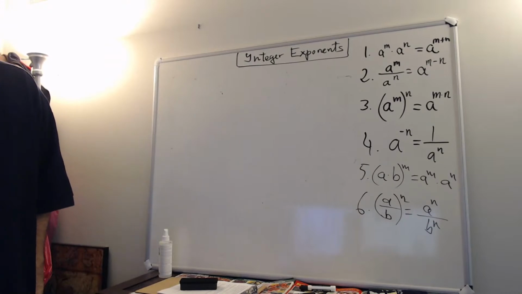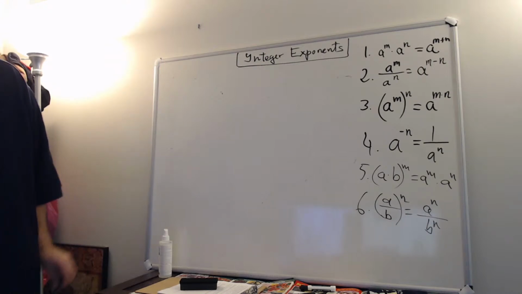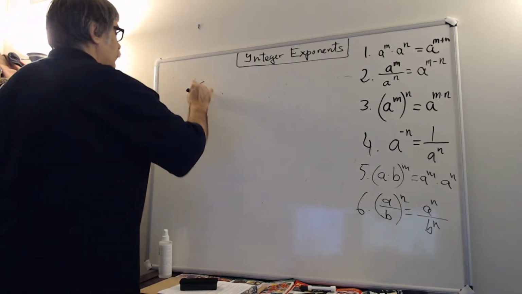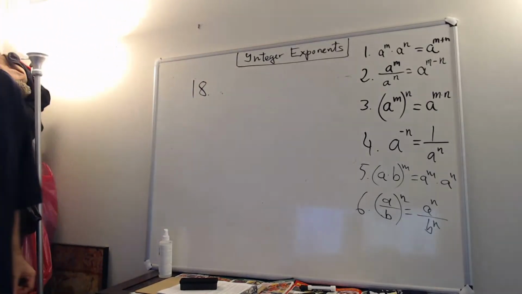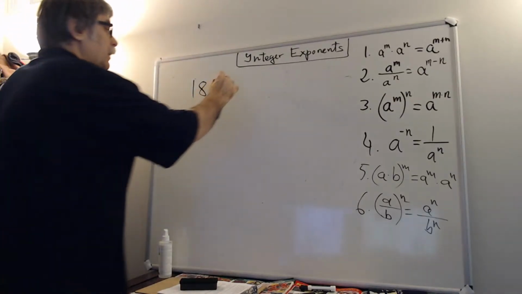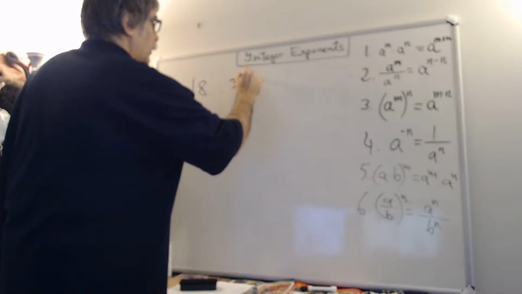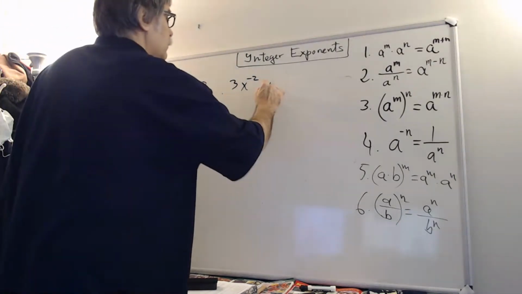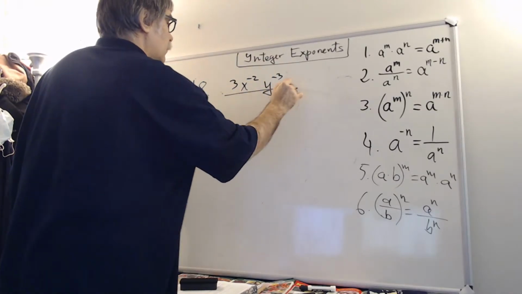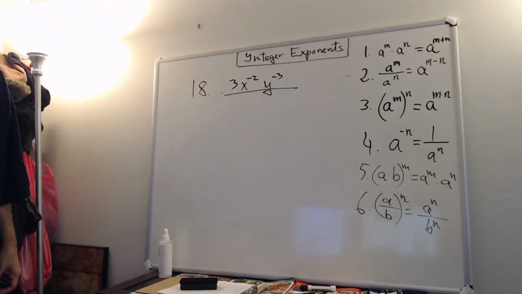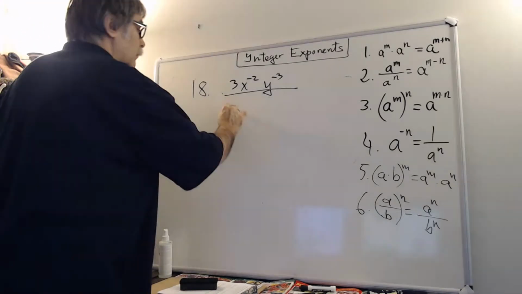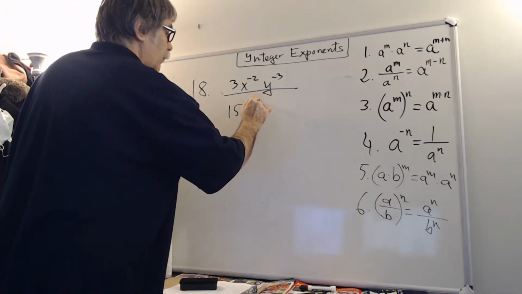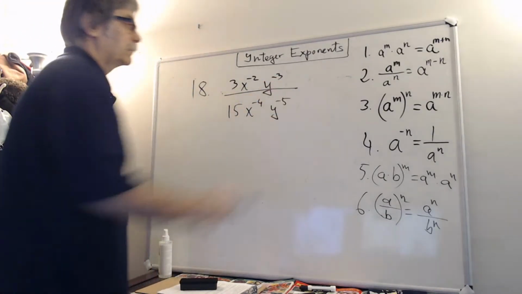Okay, let me give you another example. This is an example I'm picking up again from the lecture, example number 18. In this example, I have 3x to the power of -2, y to the power of -3, and then we have 15 x to the power of -4 and y to the power of -5.